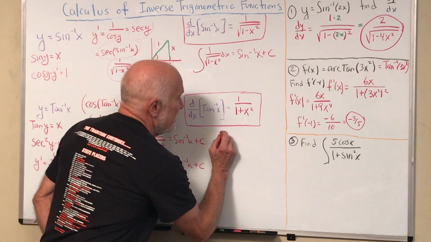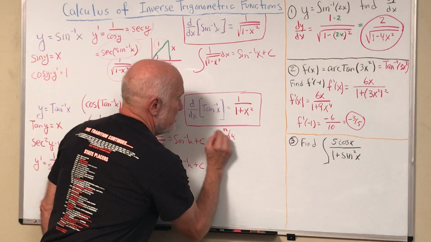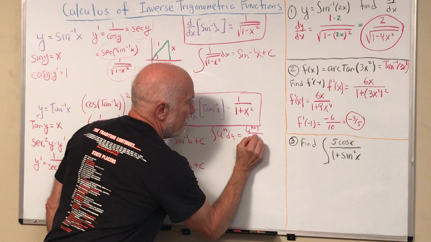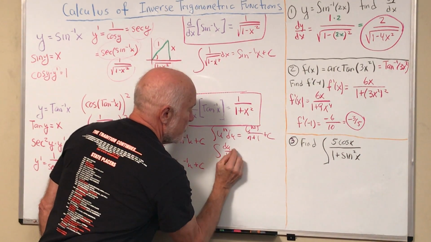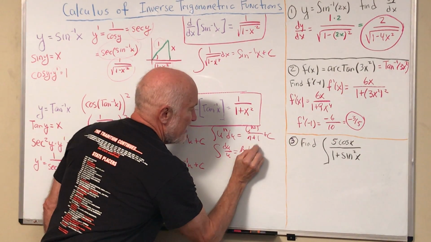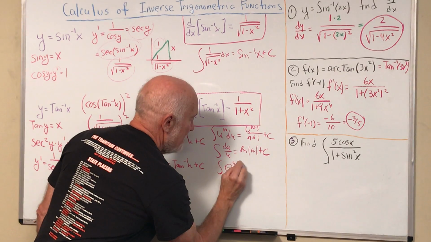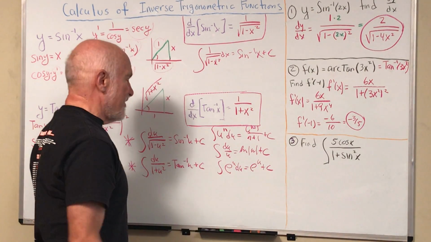Then we did, the first one we did actually was u to the nth du, which was u to the n plus 1 over n plus 1. And then we did du over u, which was the natural log. And then we did e to the u du, which turned out so nicely.